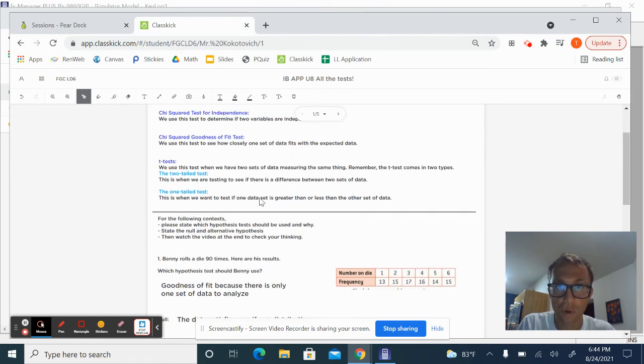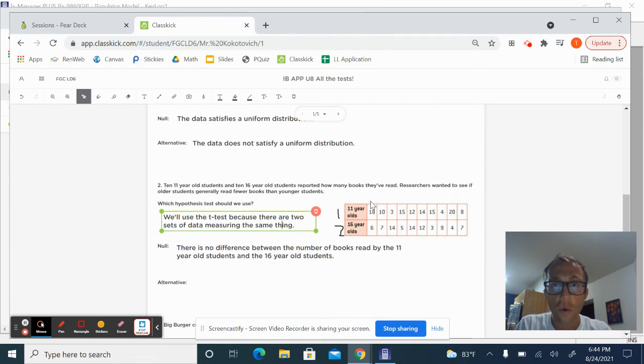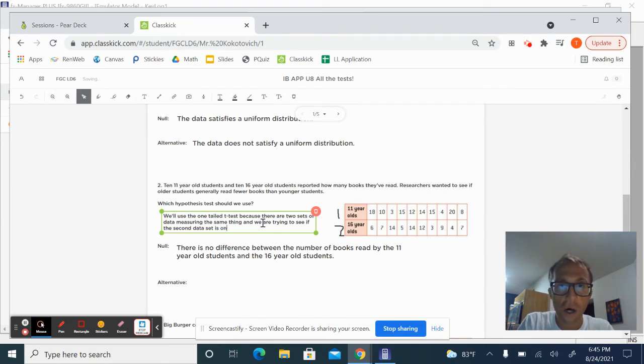One-tailed if we want to test if one data set is greater than or less than the other set of data. So we will use the one-tailed t-test because there are two sets of data measuring the same thing, and we are trying to see if the second data set is, on average, less than the first.